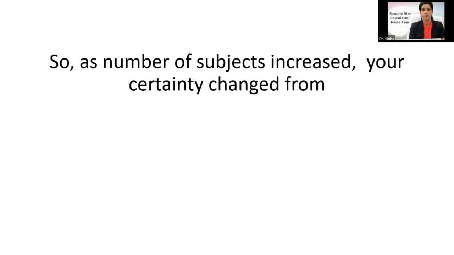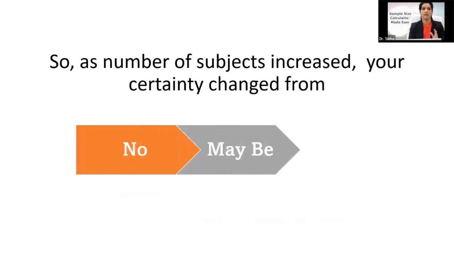So in all these examples, you have seen that your answers turned from no to maybe, and then to yes. As we increase the sample size, the level of certainty with which we can speak about the population mean, or the population parameter, increases. That is the beauty, and the importance, of sample size calculation.